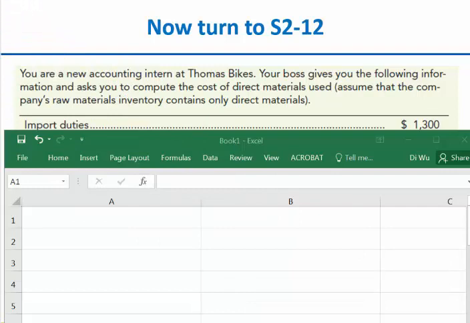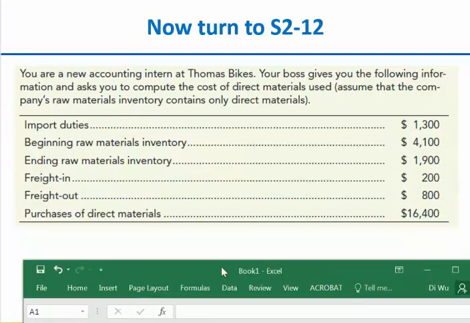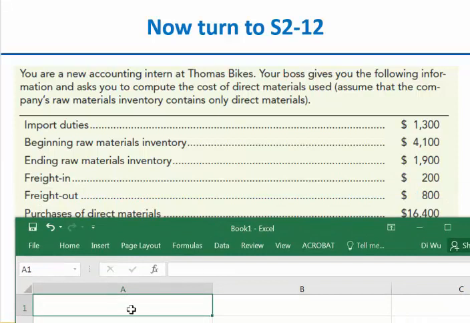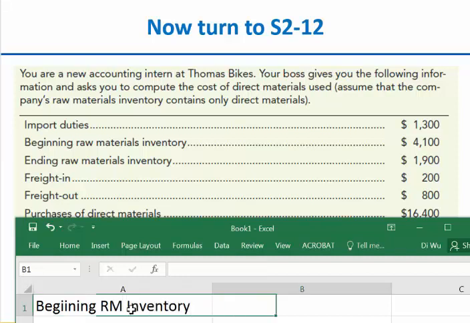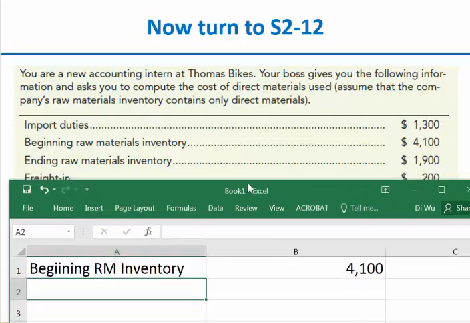Alright, so this is the Excel worksheet that I'm going to use. First of all, according to the formula in the previous slide, what is the beginning raw materials inventory balance? I do have that number, which is 4,100. Also I need to take a look at the new purchase.